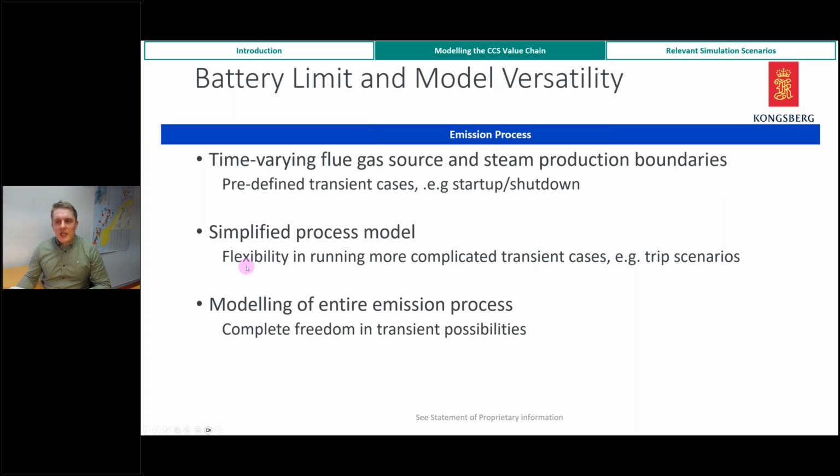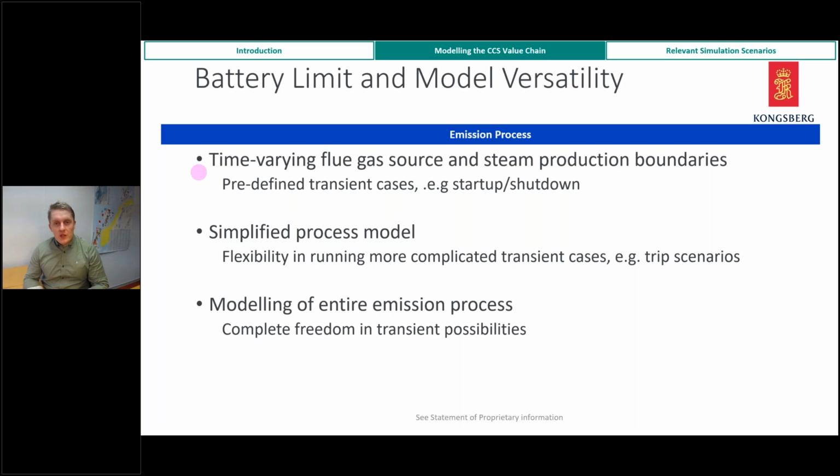So starting at the beginning, thinking of the battery limit and the model versatility for the emission process. At the simplest stage, we can think of the emission process as simply boundary conditions that are time varying. Now, that can allow you to do predefined transient cases, such as startup and shutdown.